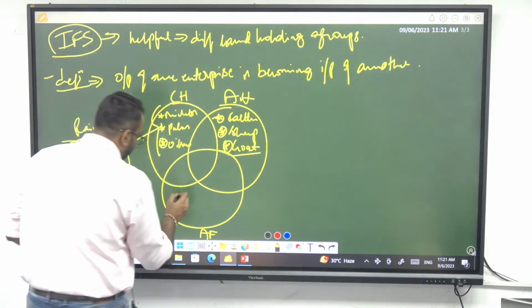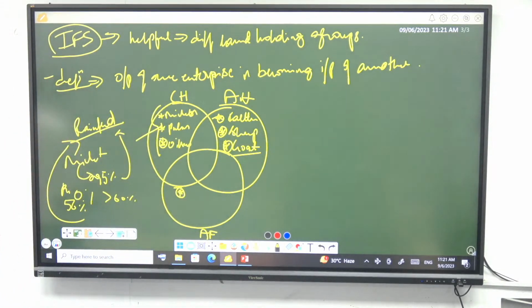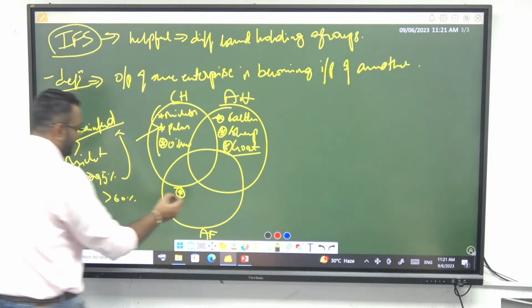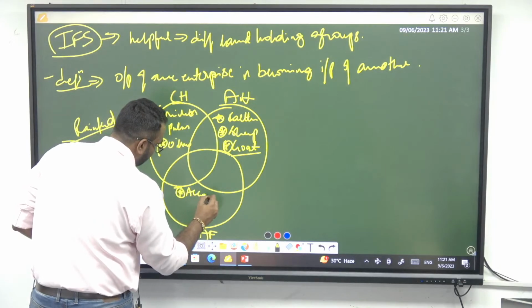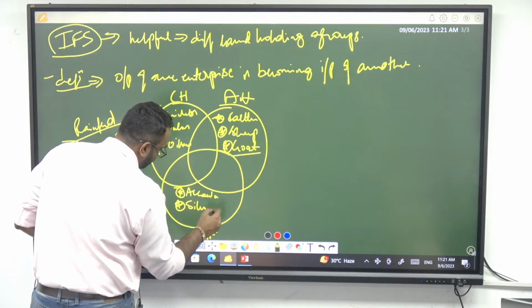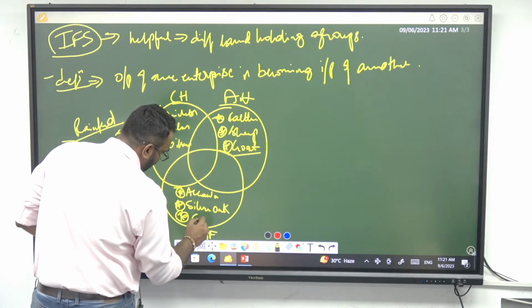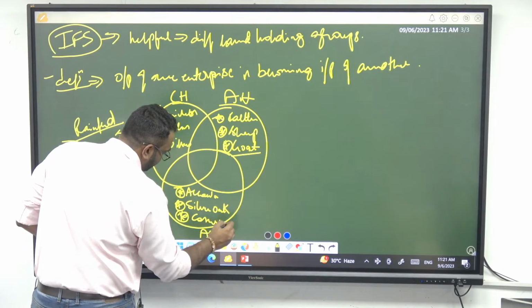Now agroforestry. Can you give an example? What are the plant species we can grow? Have you heard of Acacia? Silver oak? Casuarina? These are the examples you can give.